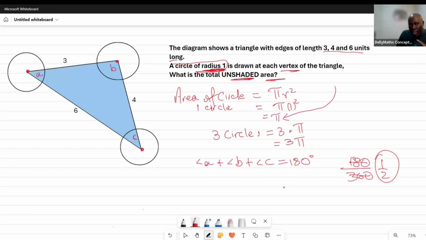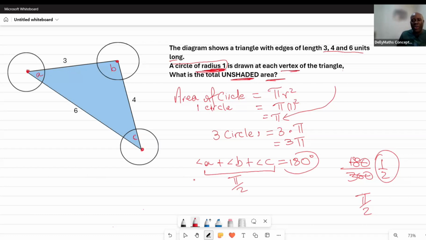So therefore, that sector will be pi over 2. We're talking about A, B, and C added together is equal to pi over 2, because it's actually a half of the circle, and one circle is pi in terms of the area.